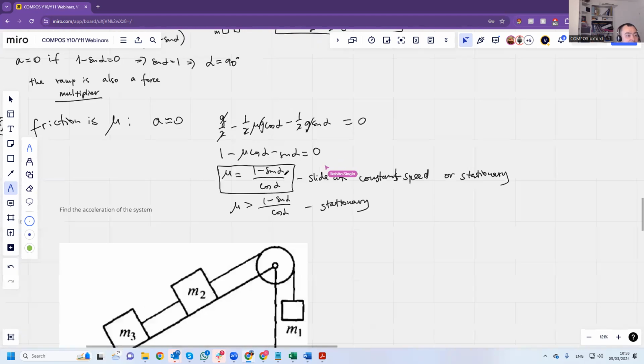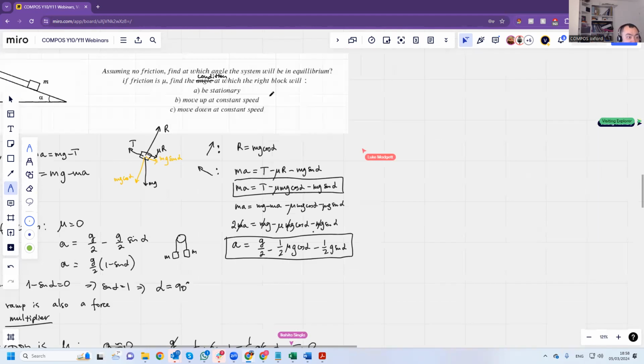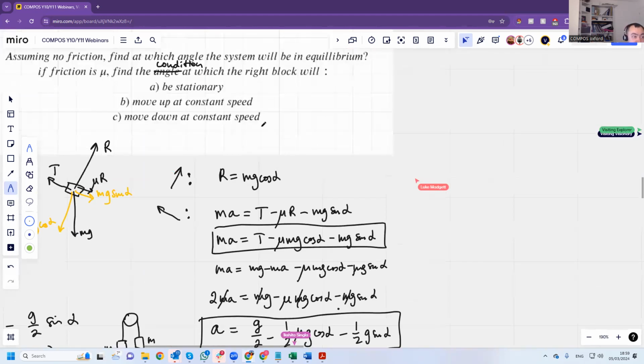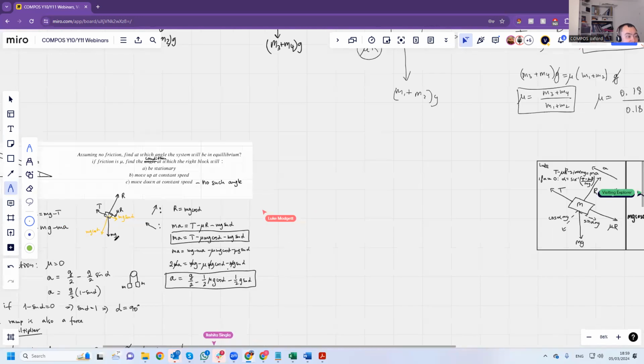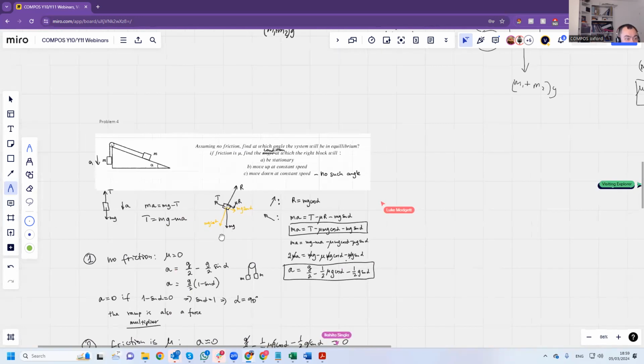And the answer for this one: it will not slide down. There's no such angle. It will never slide down.